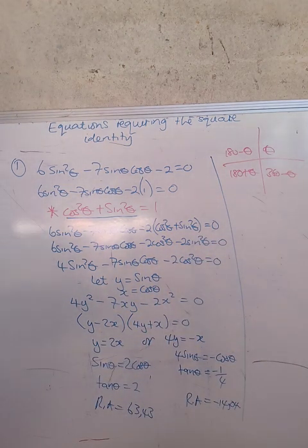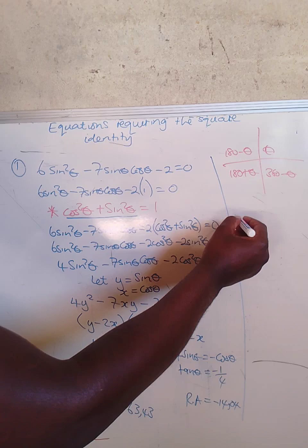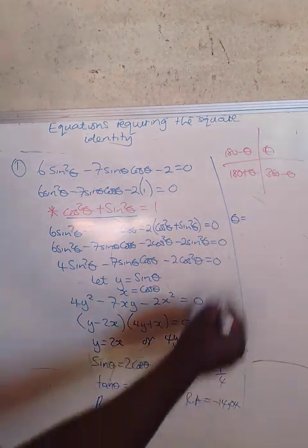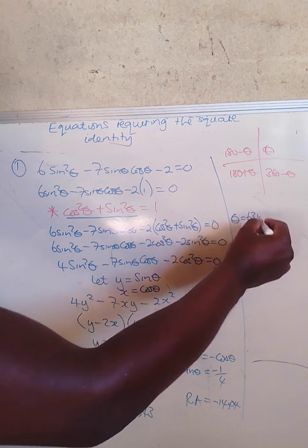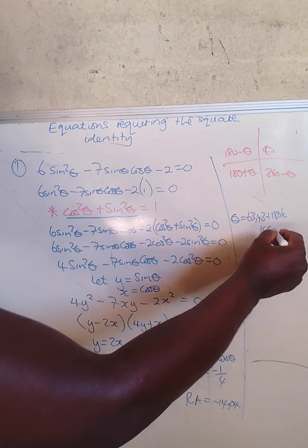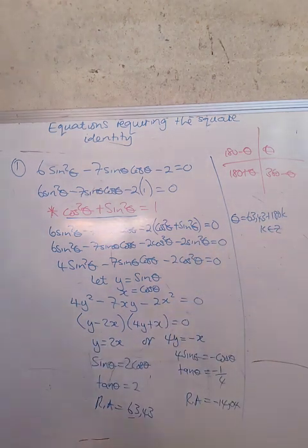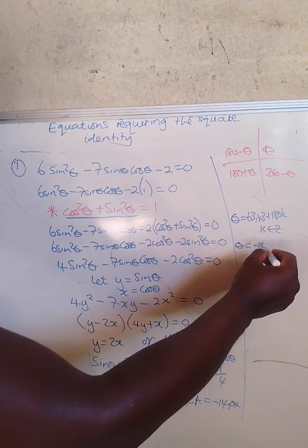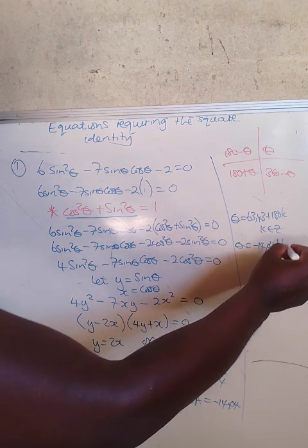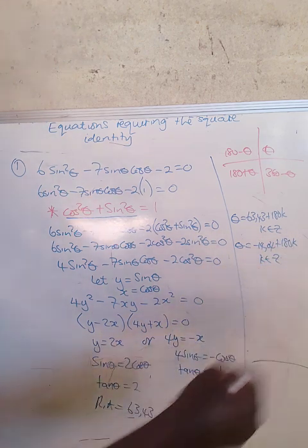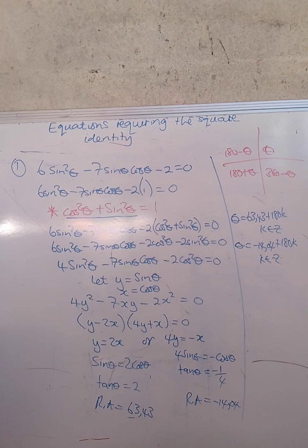So now we can find our general solutions. The first one is theta is equal to 63.43 plus 180k, where k is an element of Z. Then we have theta is equal to minus 14.04 plus 180k, and k is an element of Z. So basically, this is how you solve this kind of situation.